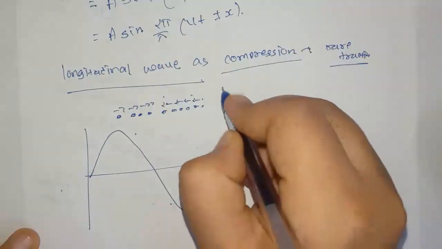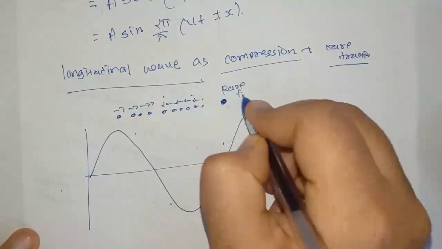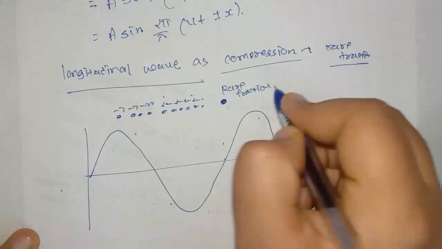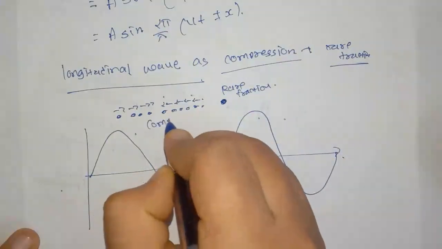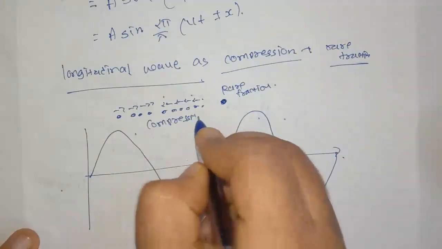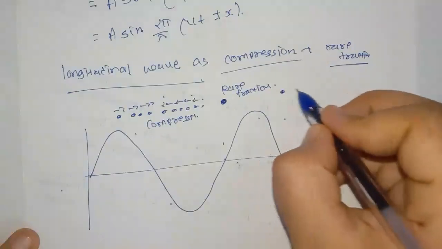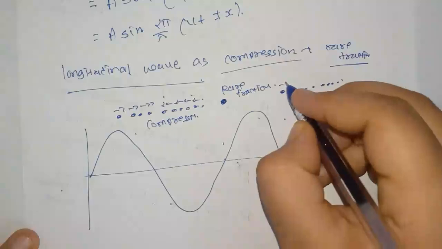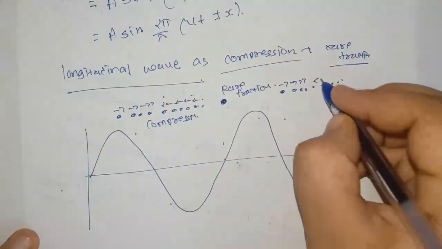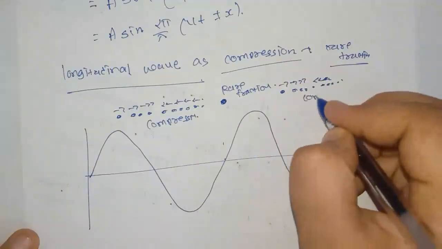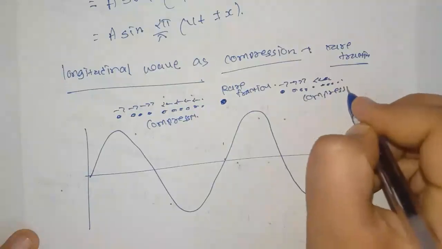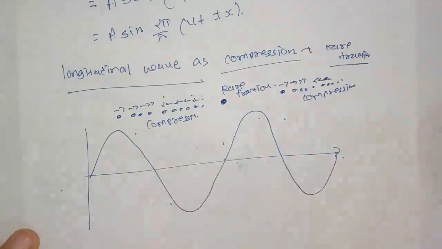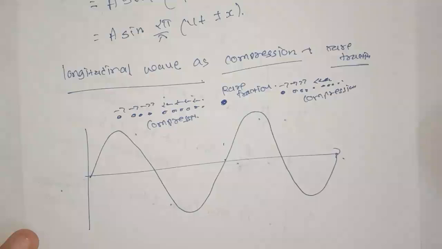Again, at this point there will be compression. So the longitudinal wave can be represented as compressive and rarefaction waves.